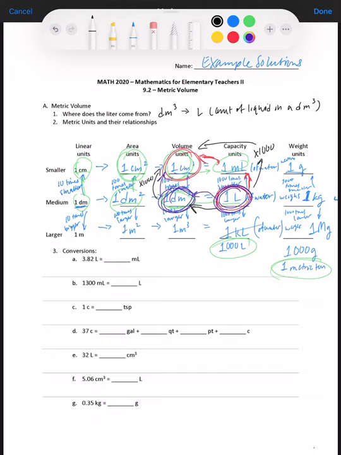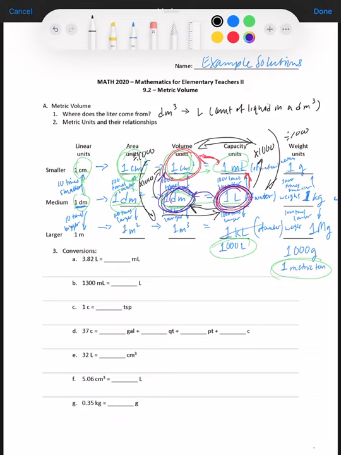If we go the other way, from centimeters cubed to liters, we divide by 1,000 first, and then we go over to our liters, which is an equal relationship. Okay, so we'll practice that down here.